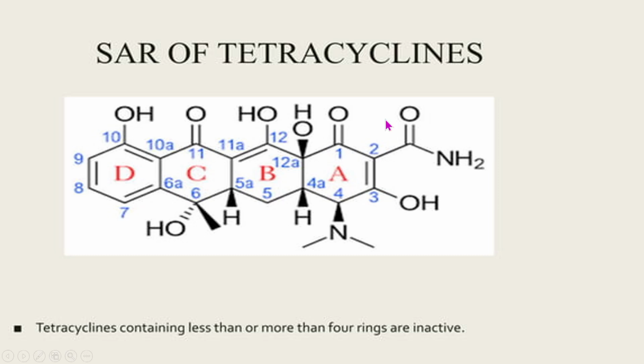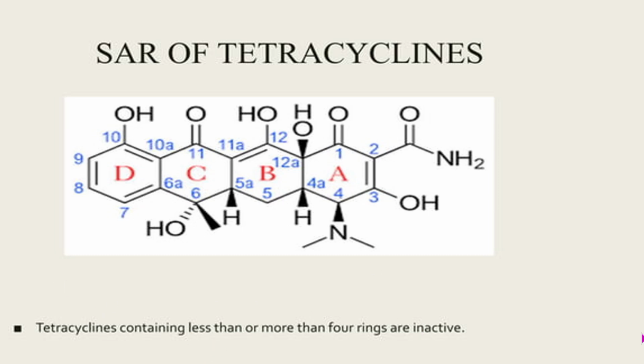Now what is the structure activity relationship of the tetracycline? We have already seen the structure containing the presence of 4 cycles which are formed through a side to chain conjugation of the 2 naphthalene derivatives, and there is a formation of the tetracycline structure.